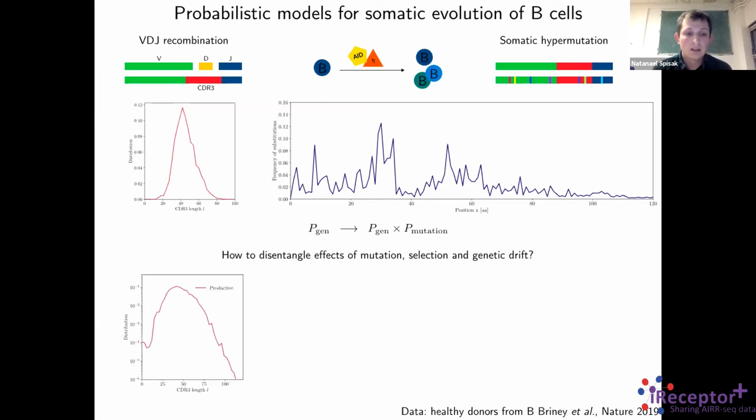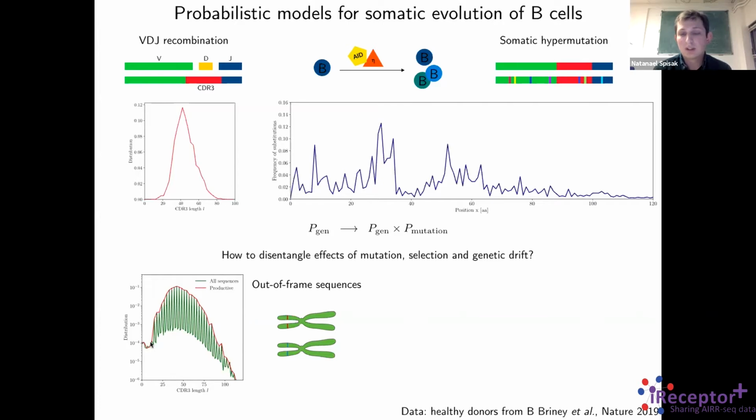To do that, we use the same approach that was used to model VDJ recombination, which is to look not at the productive sequences in an RNA sequencing experiment, but rather at out-of-frame sequences. These are products of recombination that were actually unsuccessful and in which the CDR3 region's length is not a multiple of 3. By definition, these are passenger sequences that are free of selection, in the sense that whatever mutations they harbor, they don't determine the B-cell fate.